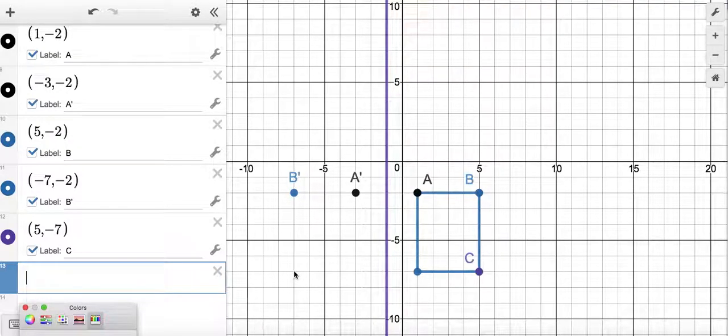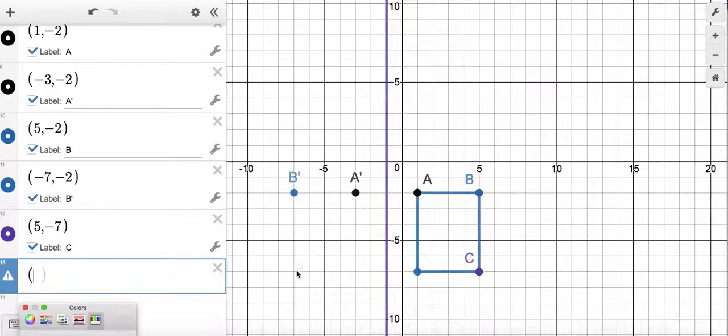And then if we count down to where our other coordinate is, here we counted 7 and we're right here, but now we have to figure out, is that 7 away from this purple line, or is it 6? 1, 2, 3, 4, 5. Sorry, 6 away from the purple line, but that lands us on -7, right? So then we just need to know what our x coordinate is. We end up the same as B prime right here.